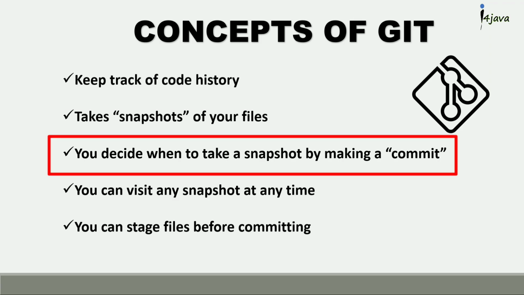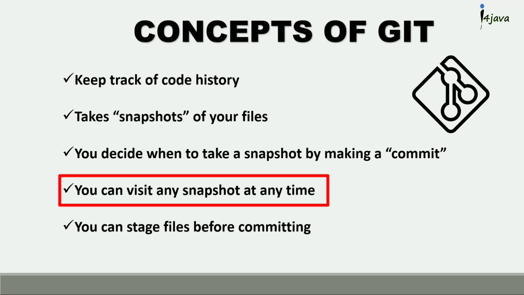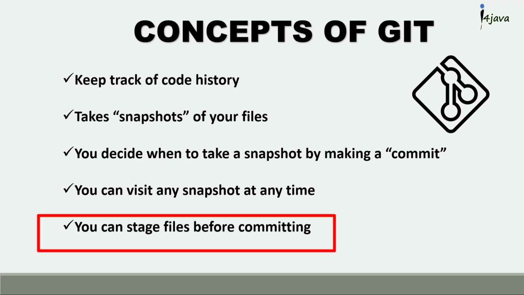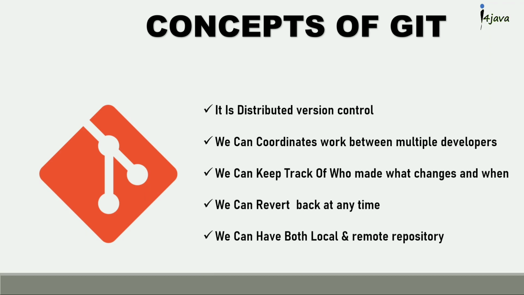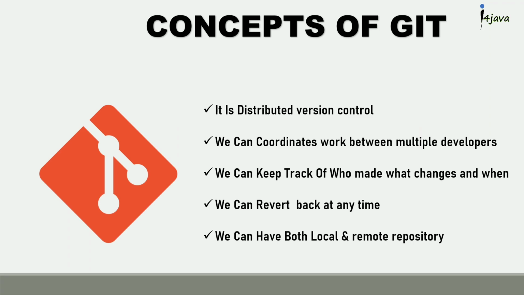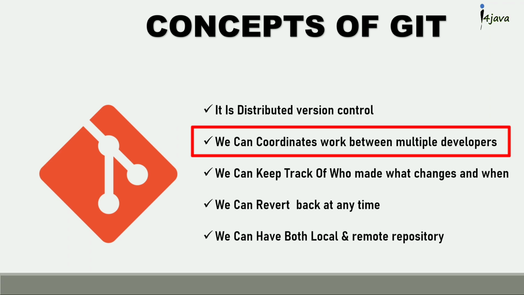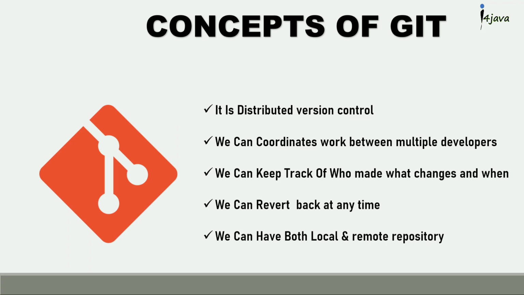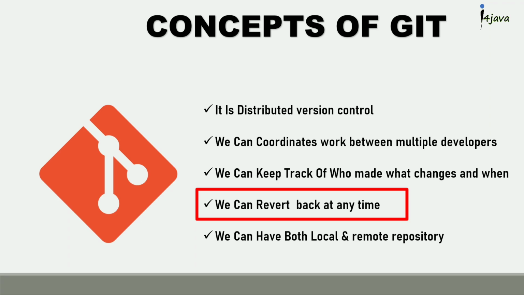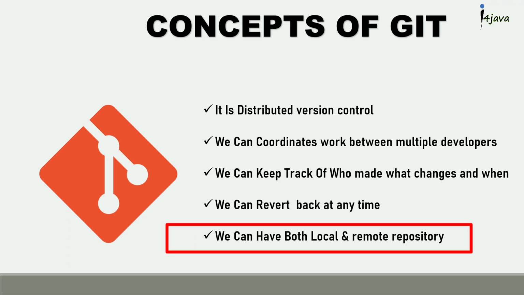You have to decide when to take a snapshot by making a commit. You can visit any snapshot at any time. You can stage files before committing. You can also see this is a distributed version control system. We can coordinate work between multiple developers. We can keep track of who made what changes and when. We can revert back at any time. We can have both local and remote repositories.